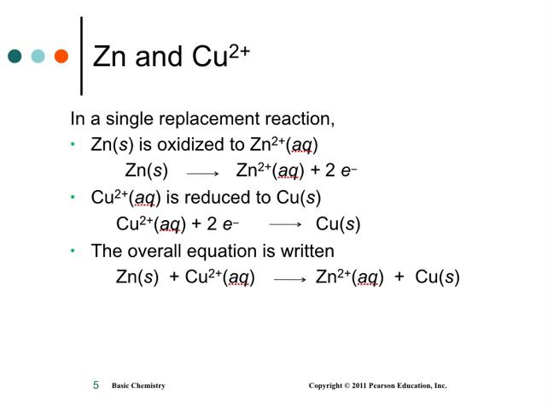That's why the zinc will be copper plated, and as a result, you're going to have copper metal deposited, and the zinc go into solution. So the color of the solution will change. The overall equation would be zinc metal plus copper ions will yield zinc ions and copper metal. The electrons that make it neutral will be stolen or donated depending on which way you're going.